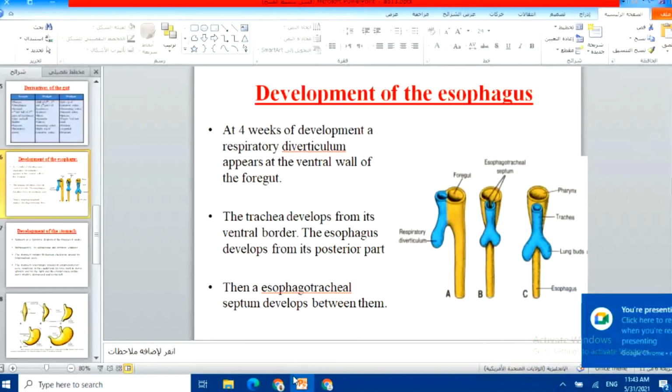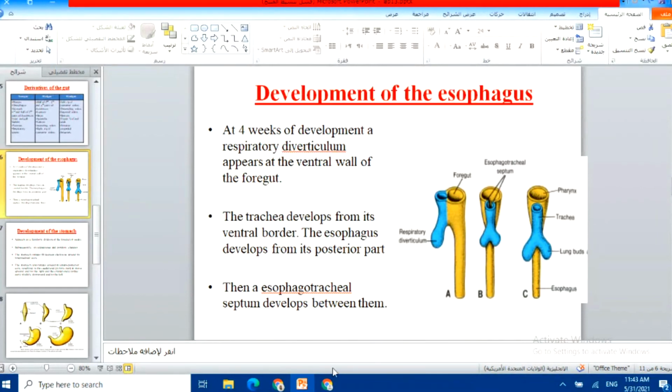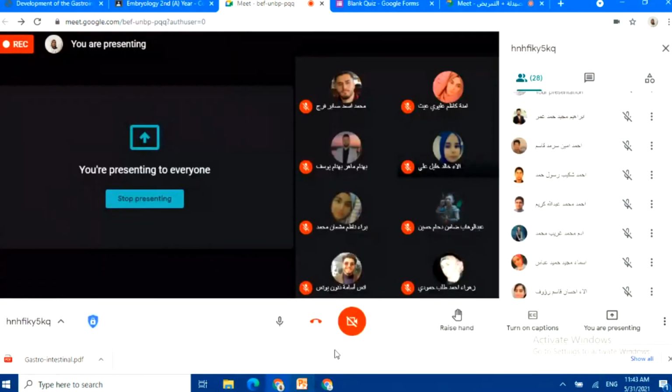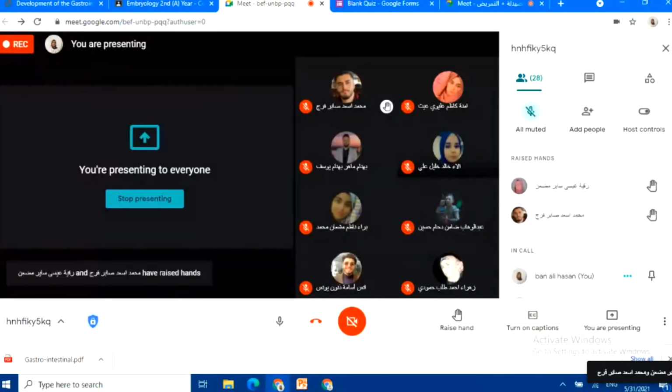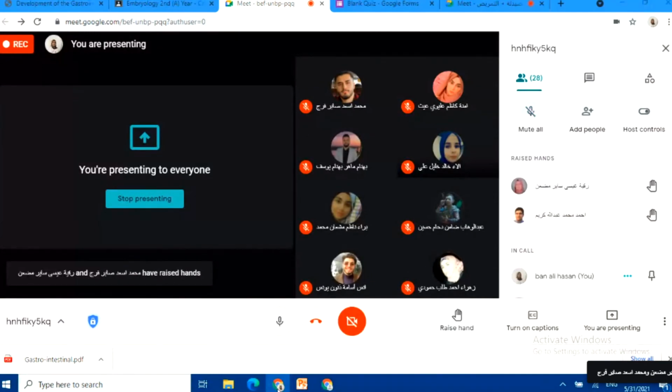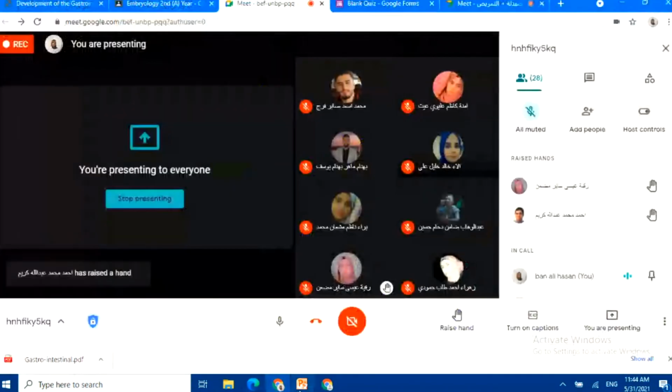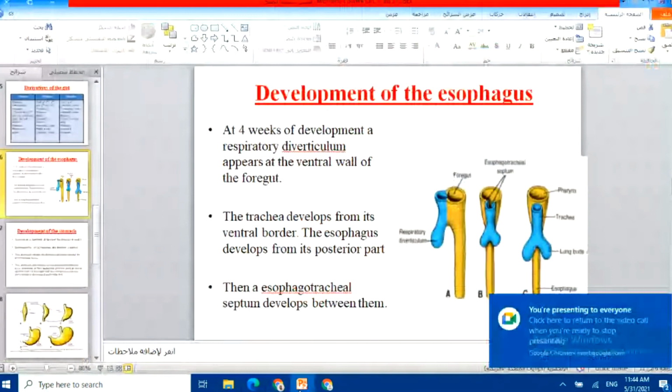Let's see. Which part of the gut will form respiratory diverticulum? نفس الشيء معناته respiratory system. Yes, رقية. The ventral wall of the foregut. Yes, excellent. So ventral wall of the foregut راح يكون أول شيء respiratory diverticulum.